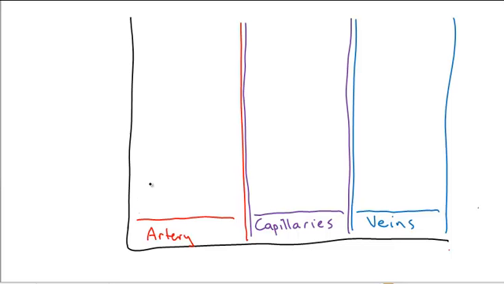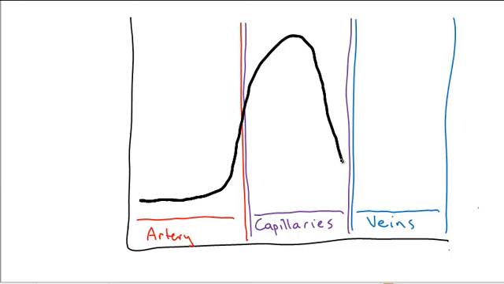And even though the arteries have a very large diameter, they actually don't have that much cross-sectional area because there just aren't that many arteries. Then you add up all the capillaries and you find you have a lot of cross-sectional area. And then we come down to the veins, which have the least cross-sectional area. So this line is going to be our cross-sectional area.